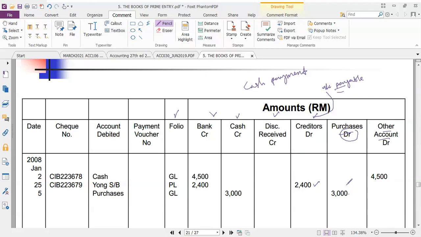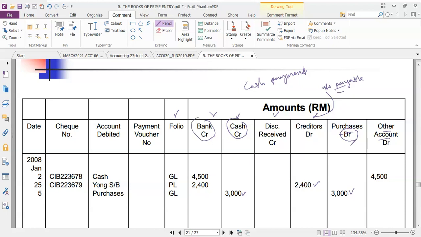Okay, lepas tu debit 3,000 purchases, right? Kita bayar pakai apa? Cash or bank. Okay, kalau dekat dalam situasi ni kita bayar kepada supplier tu secara cash. Kalau pakai bank, instead kita akan kreditkan bank lah. Kenapa bank dengan cash kredit? Sebab duit kita keluar.